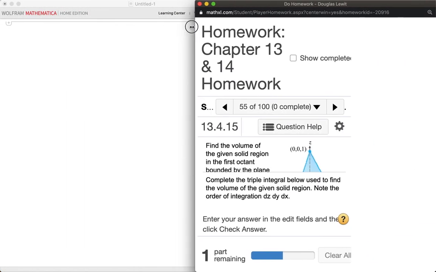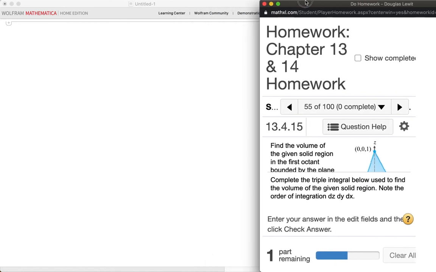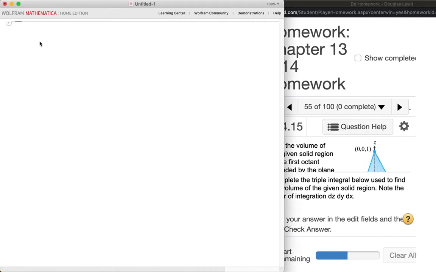I'm trying to squish this down a little bit. So the matrix is equal to, I'm looking at this point right over here: x minus 0, y minus 0, z minus 1.